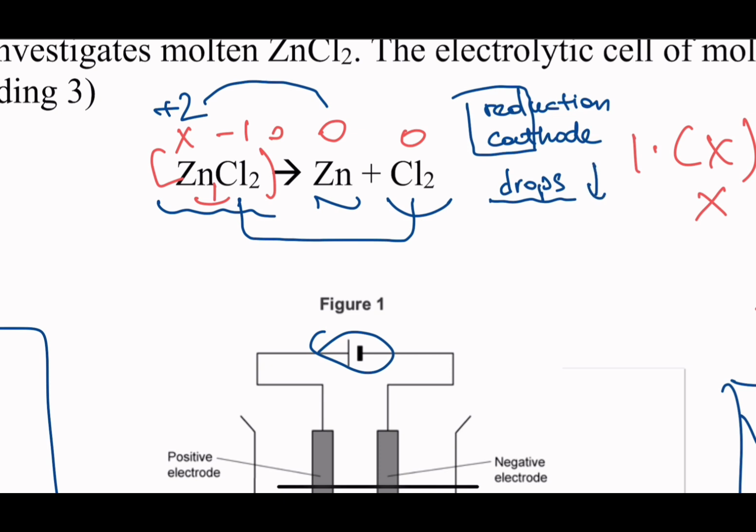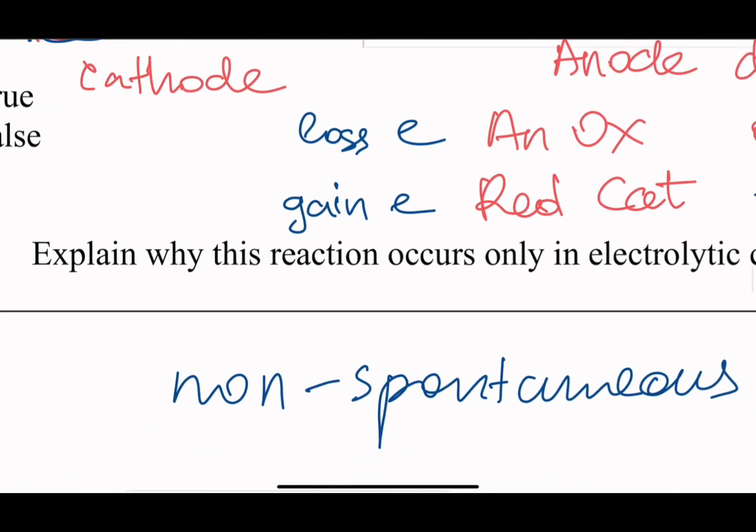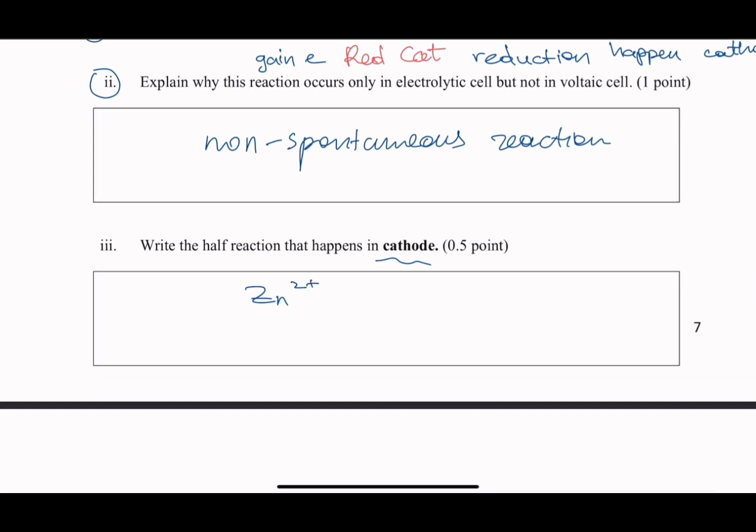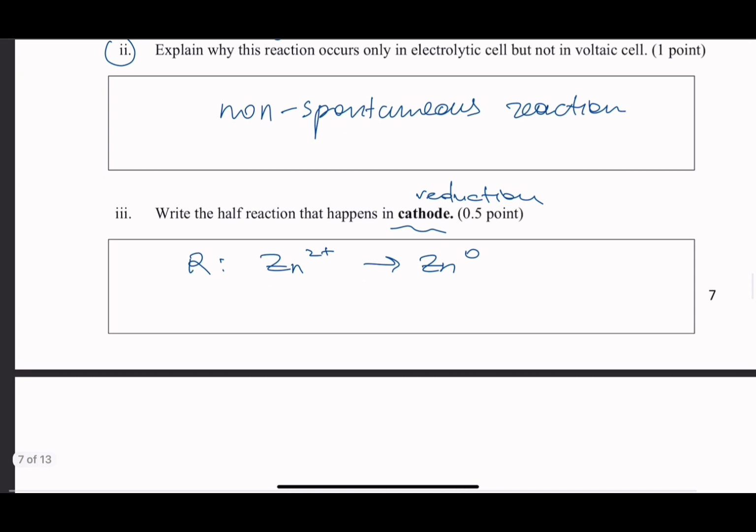As you guys can see, it went from +2 to 0, so it mathematically dropped. So right away we capture zinc in here. We say, okay, zinc +2 went to zinc 0, and this is reduction because we're looking for the cathode. And then for the reduction reaction, we do charge balance to finish this half reaction.